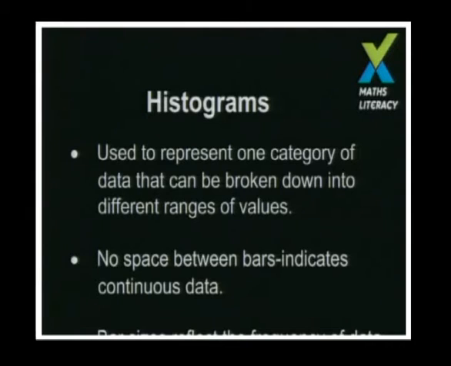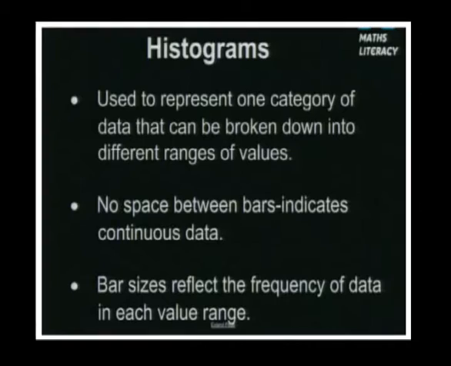In the histogram, there is one category, but the values follow on one from the other. There is also no space between the bars, and this indicates that the data is continuous. In other words, that one value does follow on from the last value. Notice again that the bar sizes reflect the frequency of data in each value range.